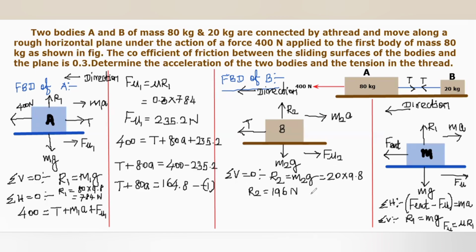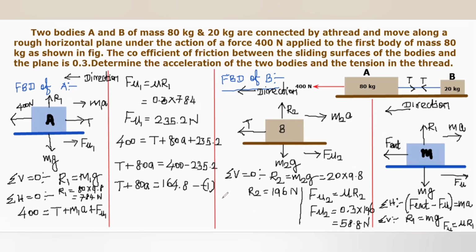Then the frictional force F mu 2 equal to the coefficient of friction multiplied with R2, 0.3 multiplied with 196. We will get 58.8 Newton. This is the frictional force acting on the body B and the rough horizontal surface.